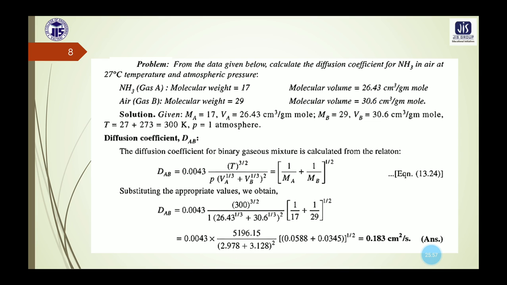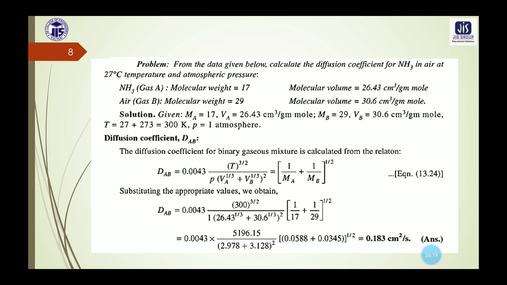So putting all these values in this relation, after several steps we will be able to calculate the value of the diffusion coefficient DAB, and that value we get as 0.183 centimeter square per second.